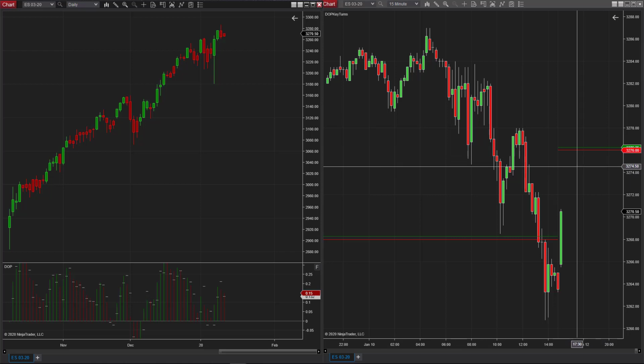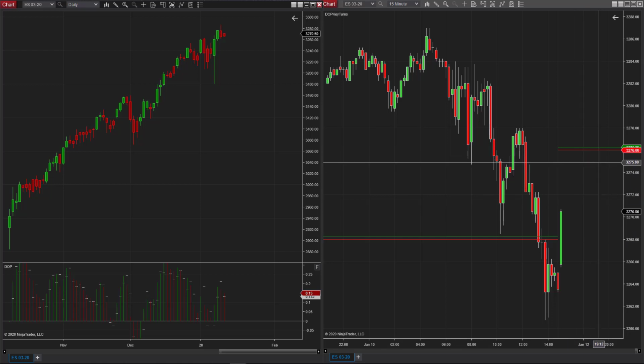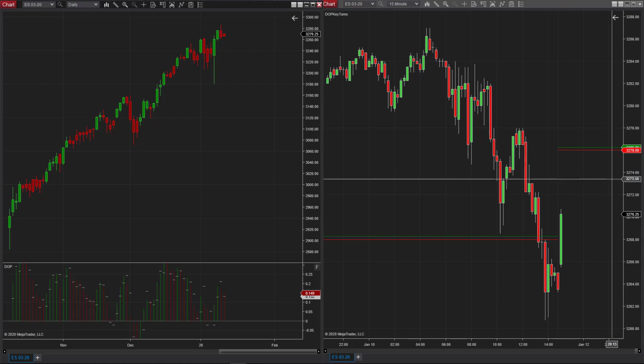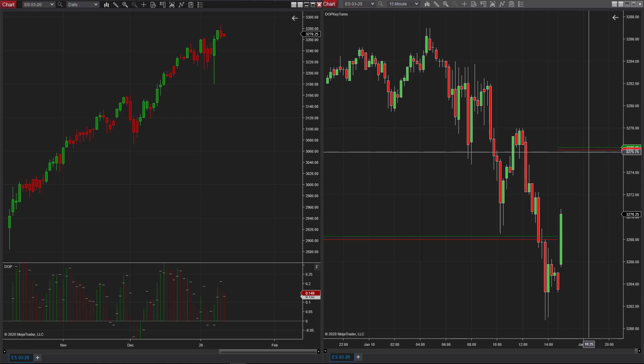I also know that we can go up to it to test it, so I'm not ignorant and not going to buy, but I'm heavier on the bias towards selling. So if it gets anywhere near here, I'm going to sell, and if it breaks through it, I'll simply get out and look to get long.